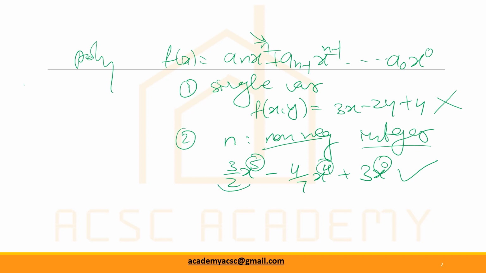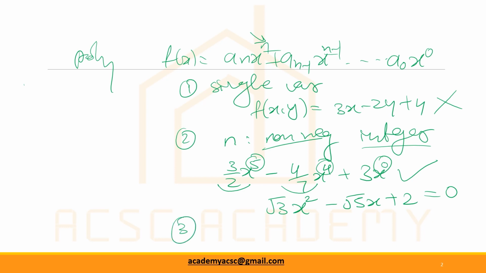Here the coefficients are rational numbers, and there is no restriction on what the coefficients can be. We can even have something like root 3 x squared minus root 5 x plus 2 equal to 0, that is also allowed. So that was the second condition.